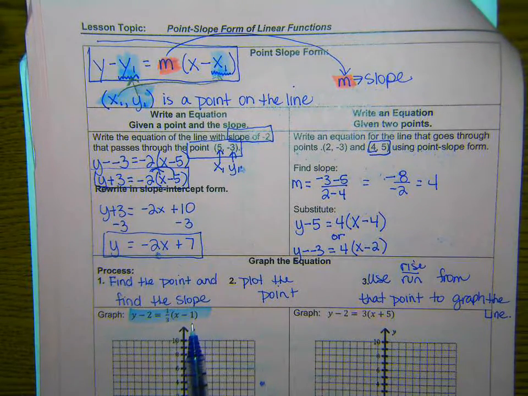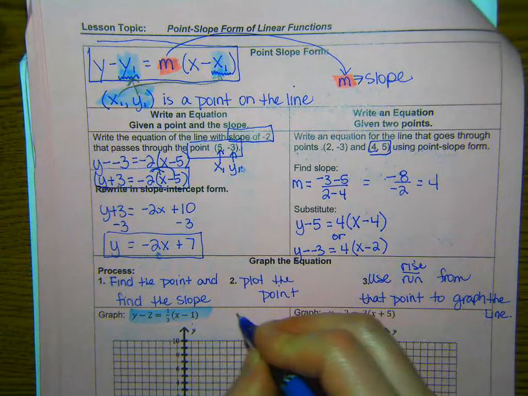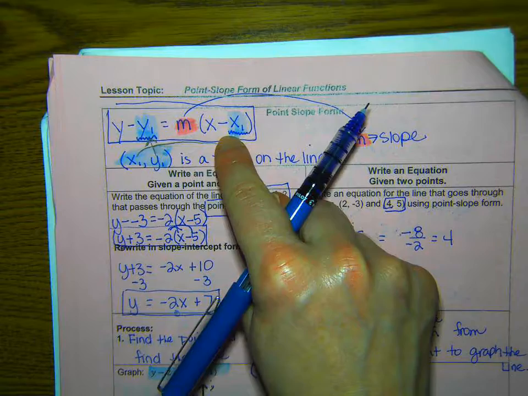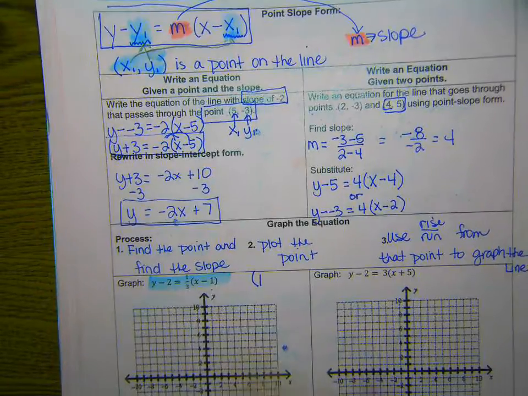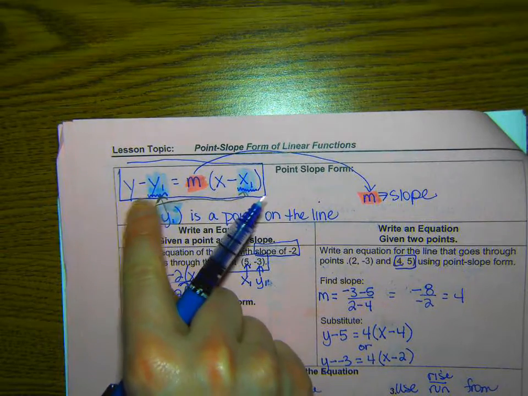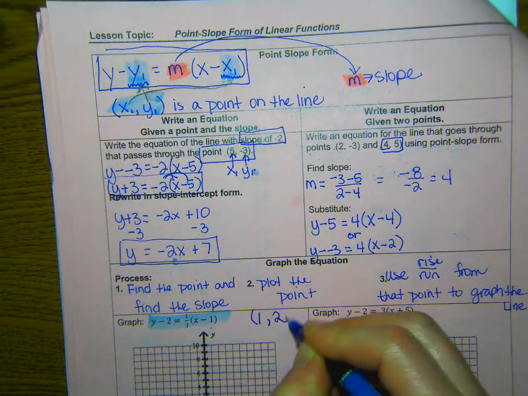X minus 1, what's the x-coordinate? Just 1. Isn't it subtraction in the formula? Alright, y minus 2. It's y minus the y-coordinate. The y-coordinate is 2.